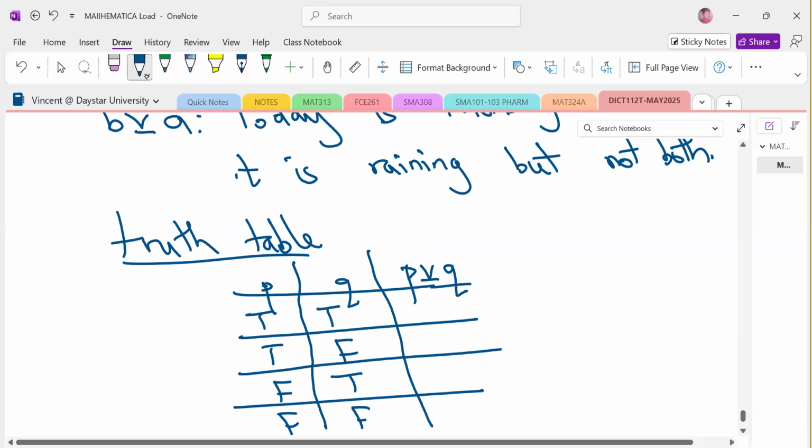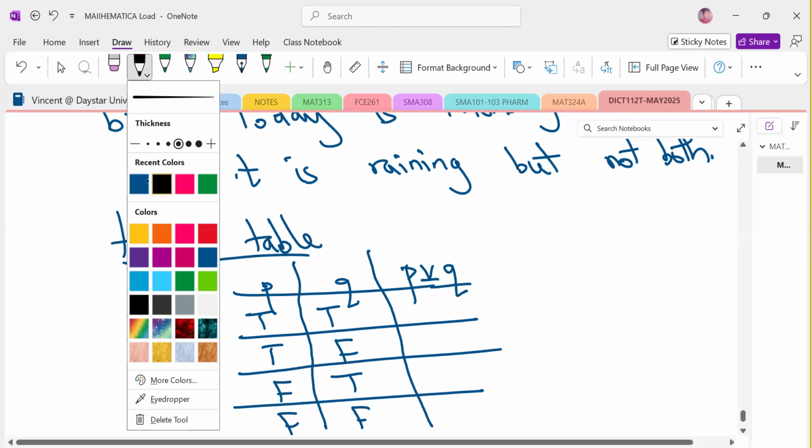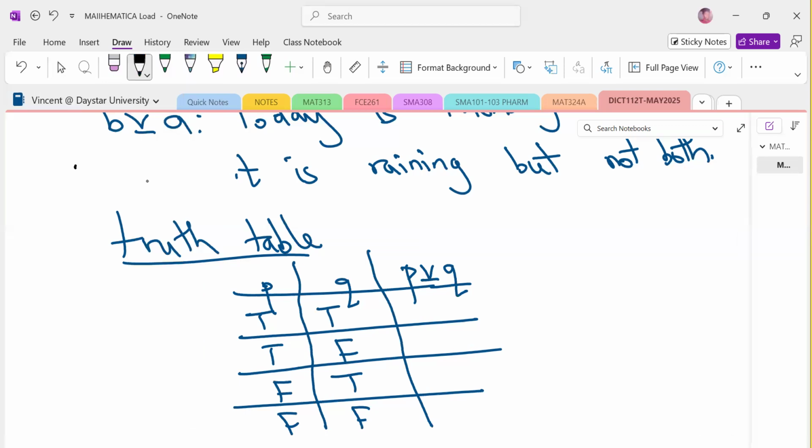So when do you expect to have a true value for the exclusive disjunction? When one statement is true, the other one is true, what is the verdict about the exclusive aspect of the connective? Or maybe let me ask, when do you expect the correct case scenario?